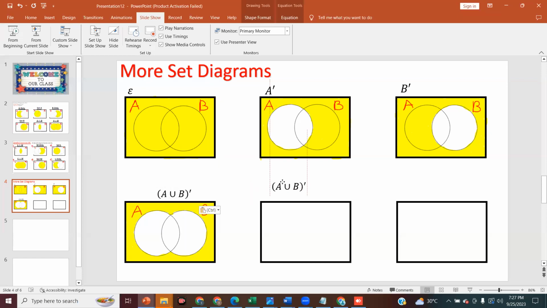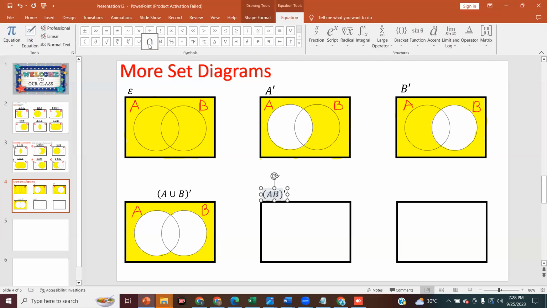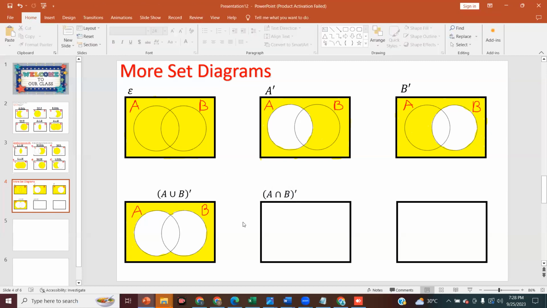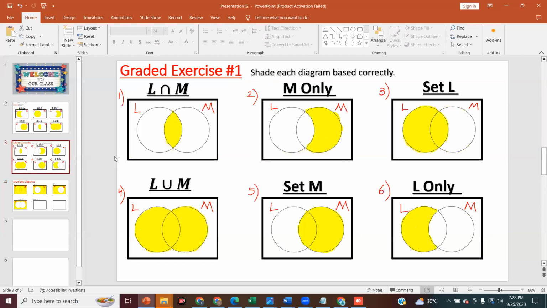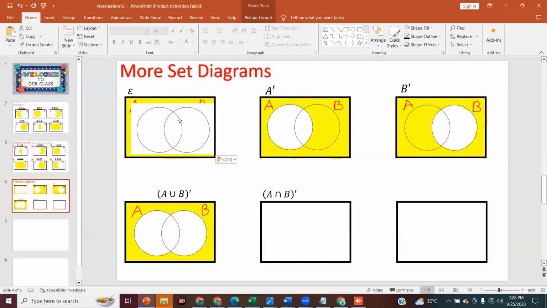So what if I have, good afternoon, Mr. Petit. Good afternoon. What is going to be A intersect B complement? So let me give you the diagram, by the way. What is going to be A intersect B complement?